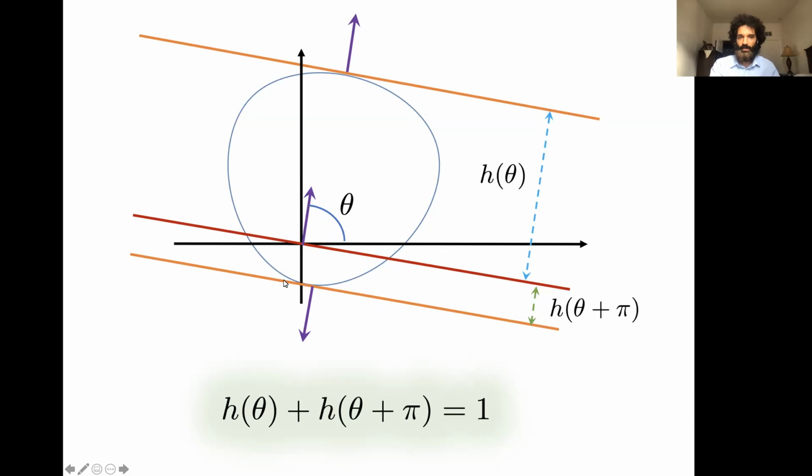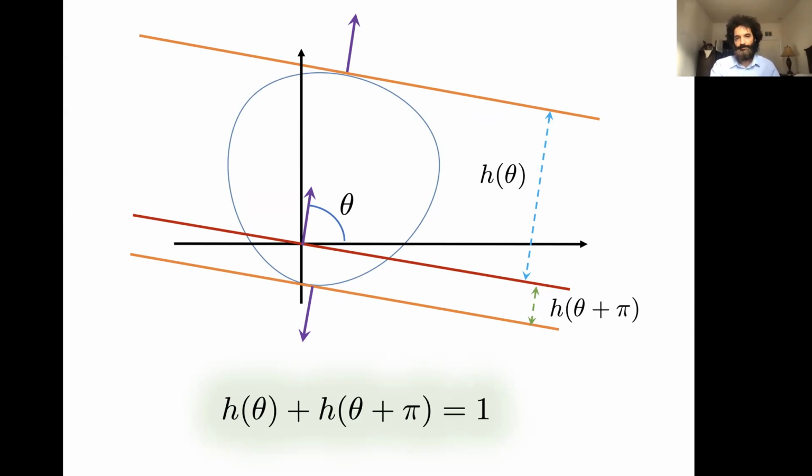If I rotate theta by pi and look at the distance to the corresponding supporting line, that distance is just h of theta plus pi. And then, as I said to you, the distance between two parallel supporting lines has to be 1 everywhere. And so it's an easy derivation of this constraint.